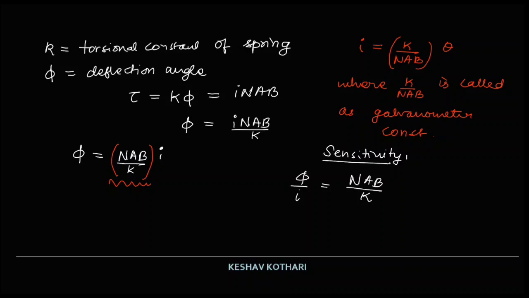So in order to increase the sensitivity of the galvanometer, the number of turns in the coil must be large, the area of the armature coil must be large, the strength of the magnetic field must be large, or a soft iron magnetic core must be introduced to intensify the magnetic field, and the torsional constant of the spring attached must be small. All these parameters will increase the sensitivity of the galvanometer, and this is regarded as current sensitivity.